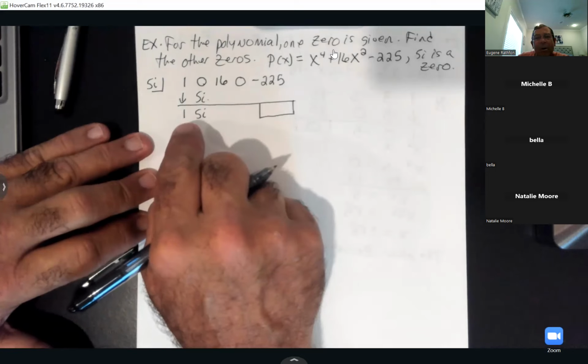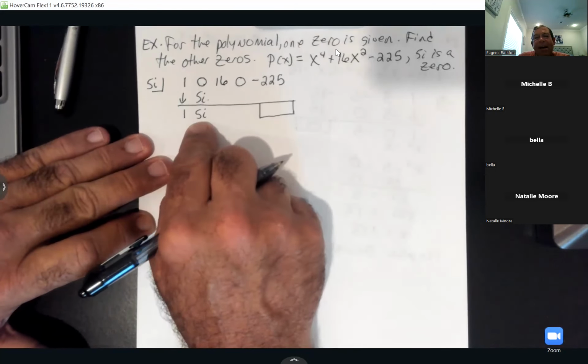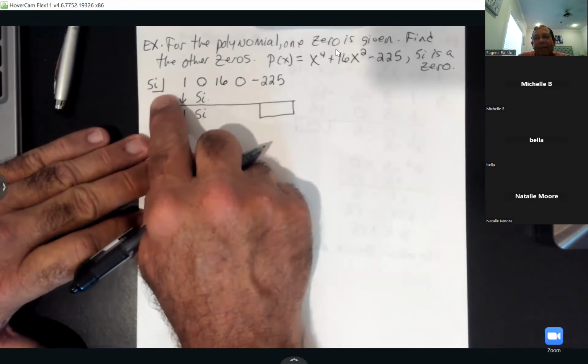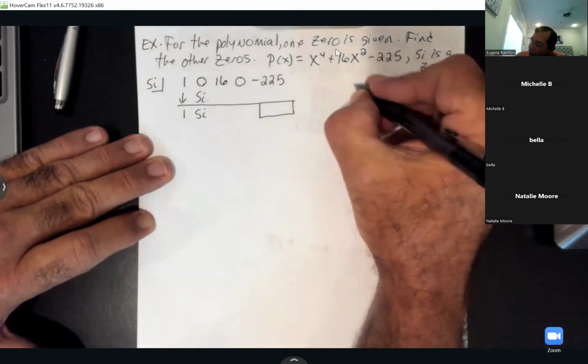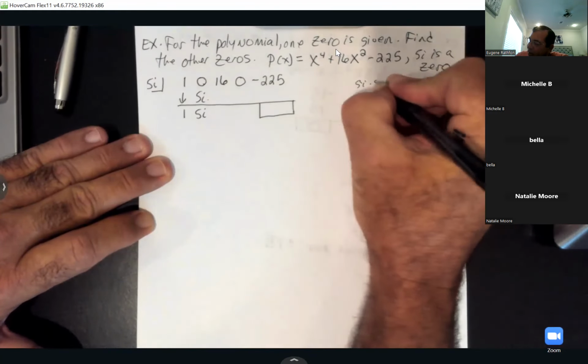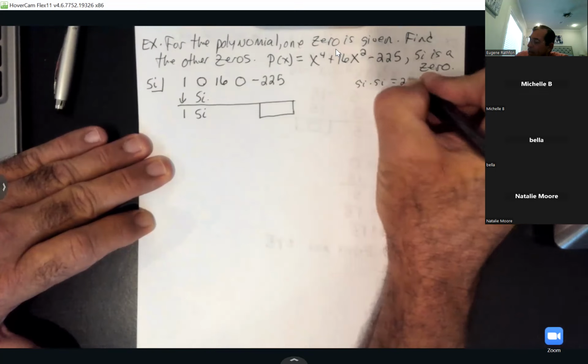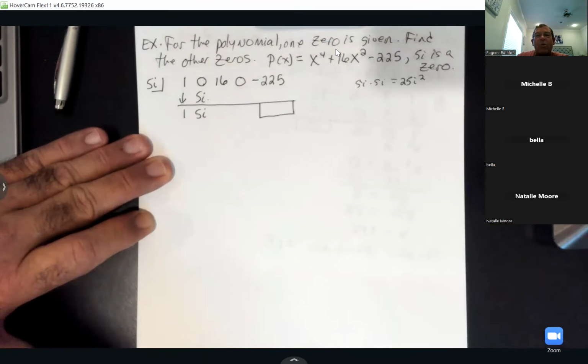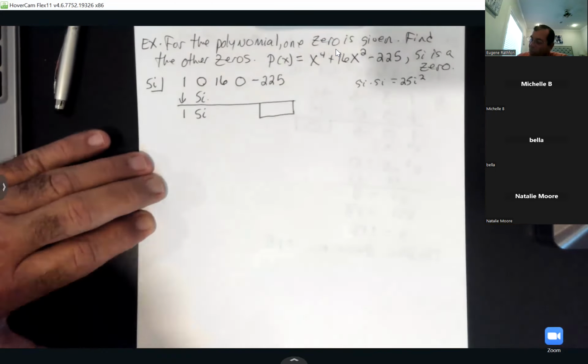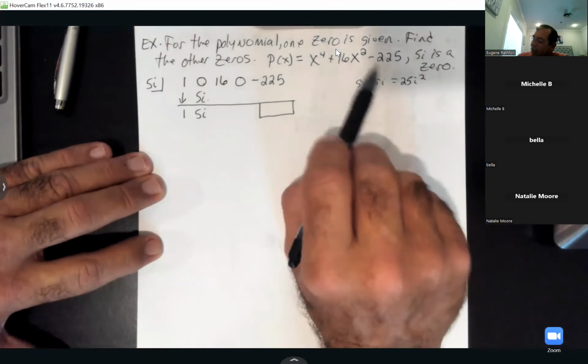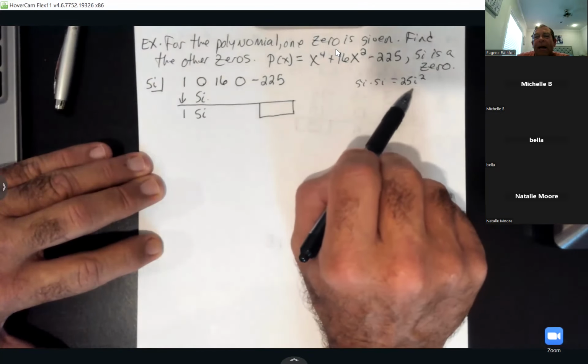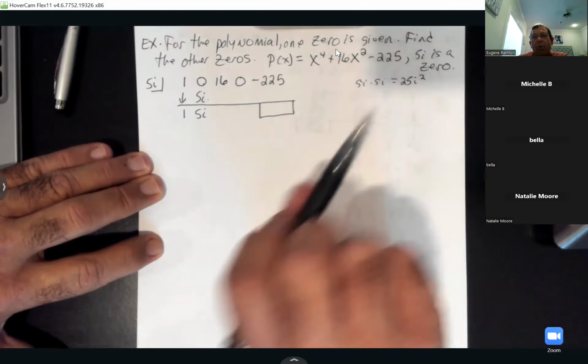All right, y'all, so let's see what we got here. We got a 5i times a 5i. That's going to give us, watch this, 5i times 5i, that's going to give us a 25i squared. But we're not going to write that here. Because what does 25i squared really equal?